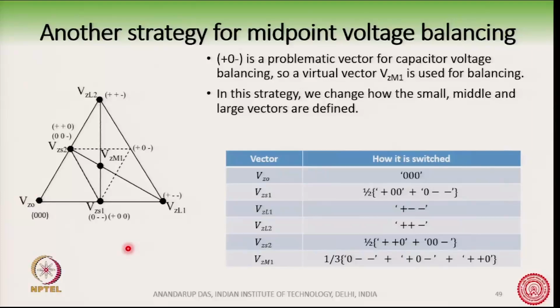Next, we have Vzs1, that is this small vector. Now, Vzs1, how are we getting this vector? Vzs1 is formed by switching plus 0 0 and 0 minus minus for half duration of time each.